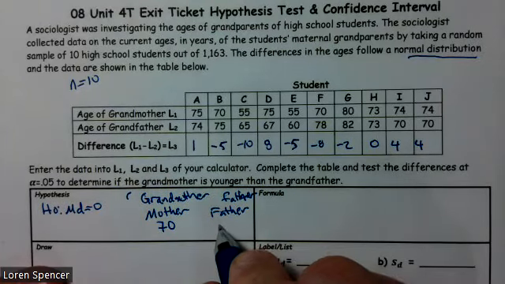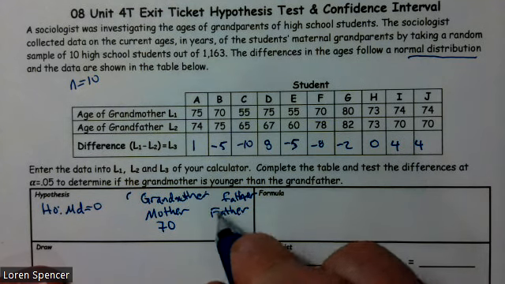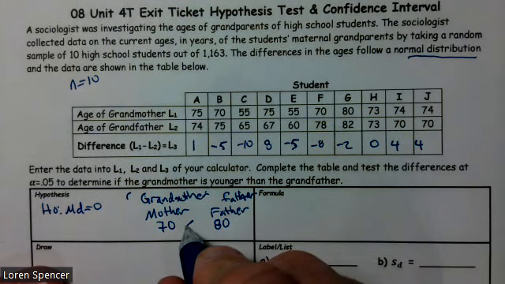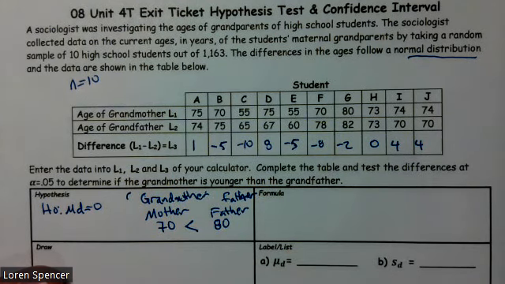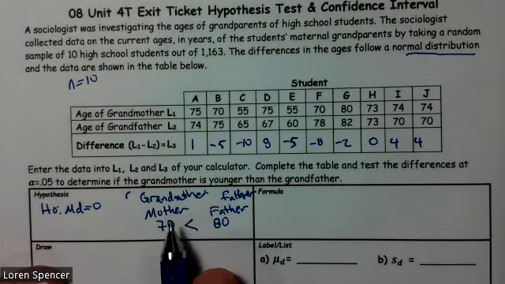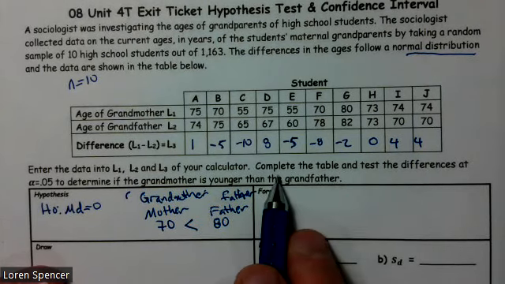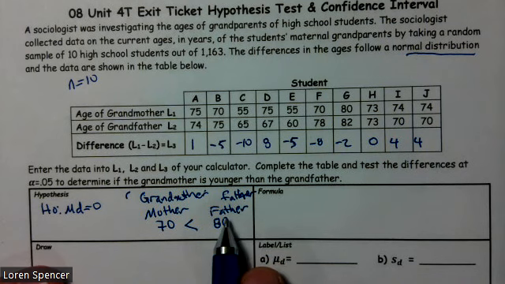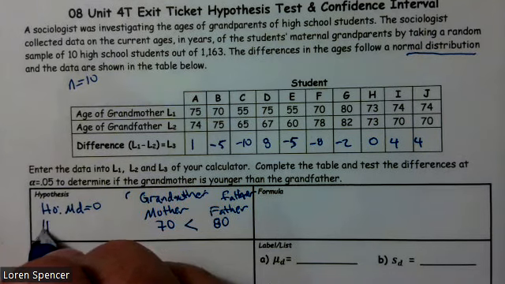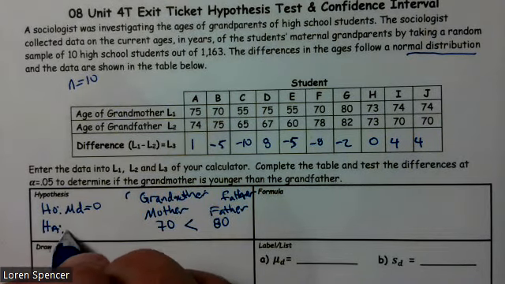All right. Well, we want to see if the grandmother is younger than the grandfather, so I need a larger age for the grandfather. So that's going to be a less than. Just put in a random number for the mother and then make sure that you follow the prompt for the father. The father needed to be older. So that tells me the direction I need.